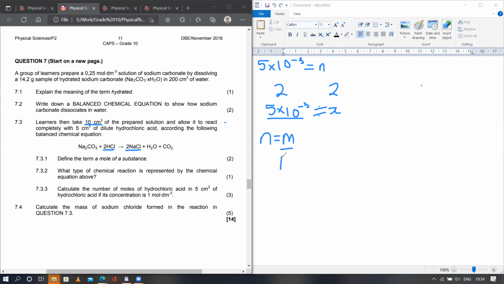You guys might be writing MW, but I might write MM or just capital letter M. So from this equation, you can derive that your mass is equal to the number of moles multiplied by the molar mass. So now you just have to substitute. So that's going to be 5 times 10 to the exponent negative 3.